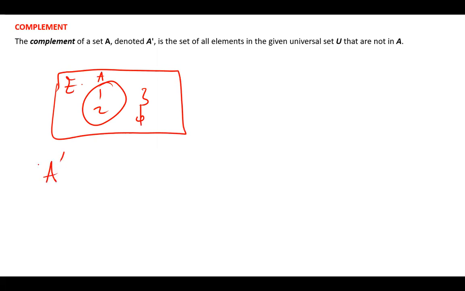A complement is simply listing the elements that are not in A, but are present in the universal set. These elements are simply 3 and 4. So elements that are outside A, but supposed to be in the universal set, that's what we call the complement. That's the simplest way of defining a complement set.